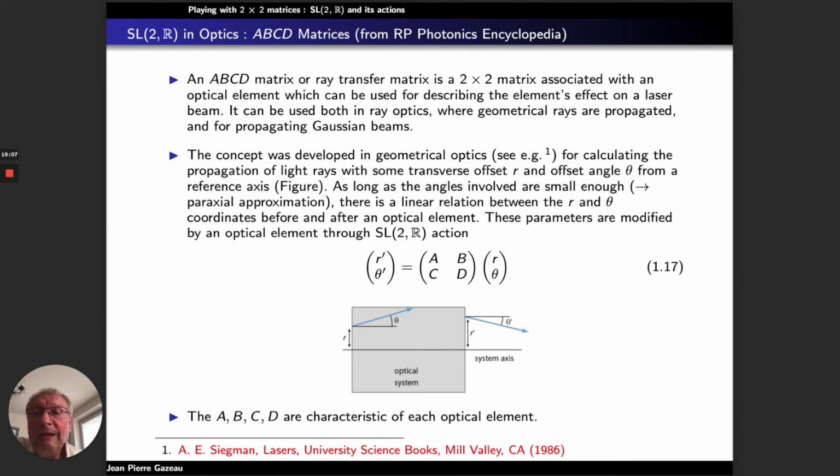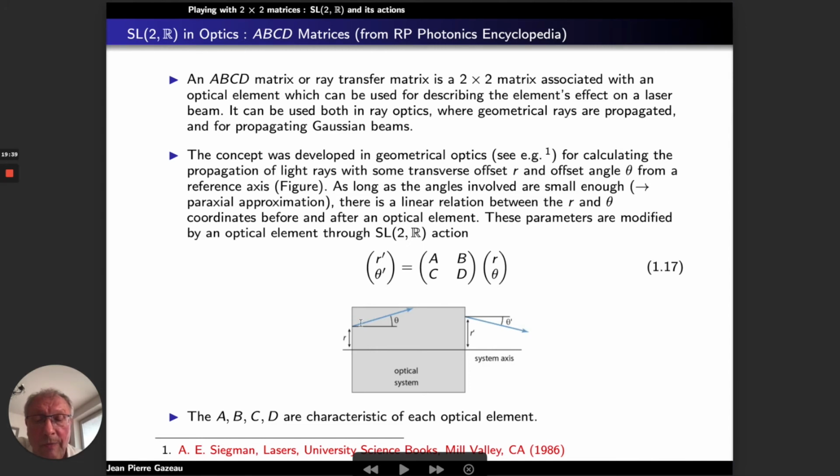For calculating the propagation of light rays with some transverse offset r and offset angle theta from a reference axis. So what is r, what is theta? It is shown on the figure. You have the optical system, you have your incoming light ray, and you have the outgoing light ray here.